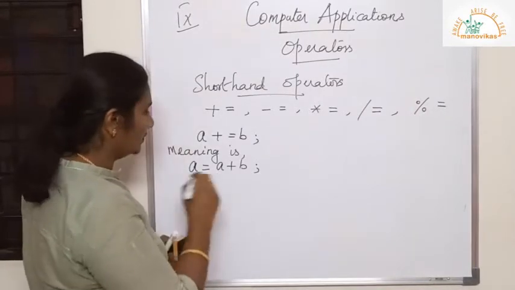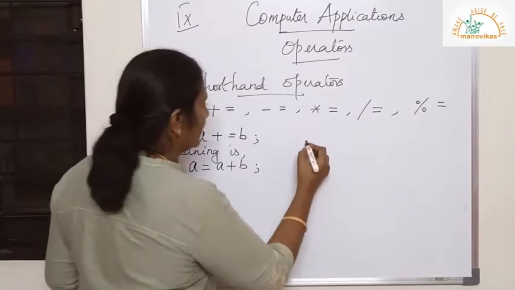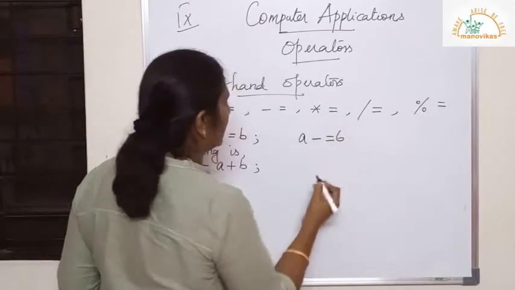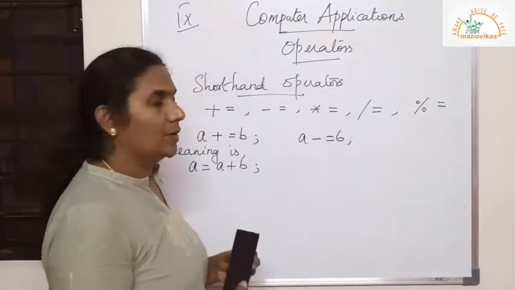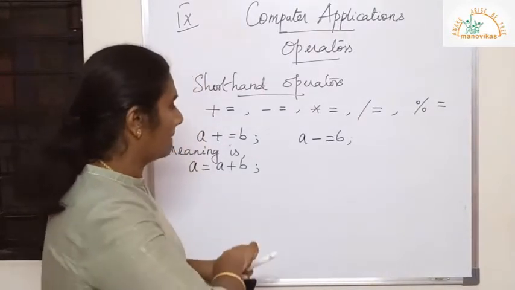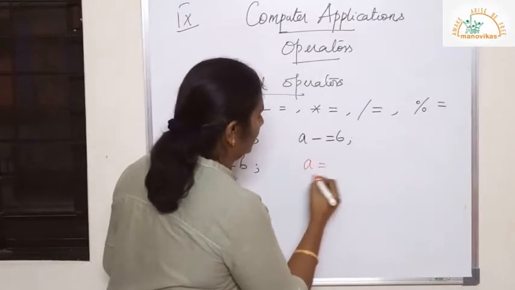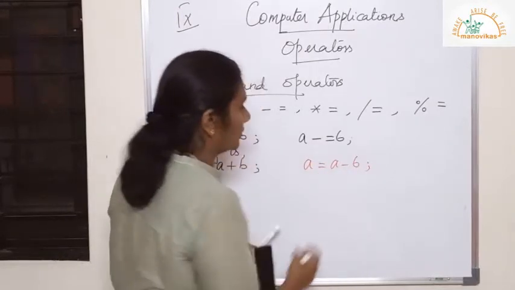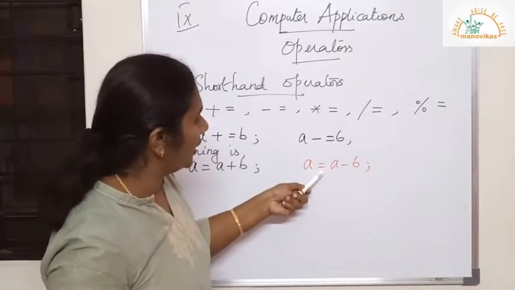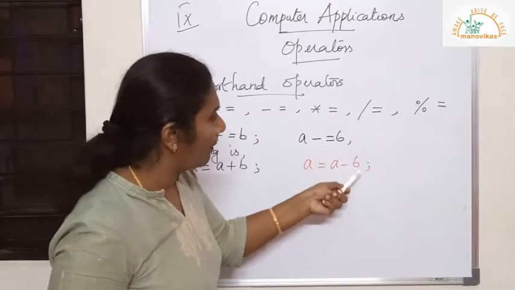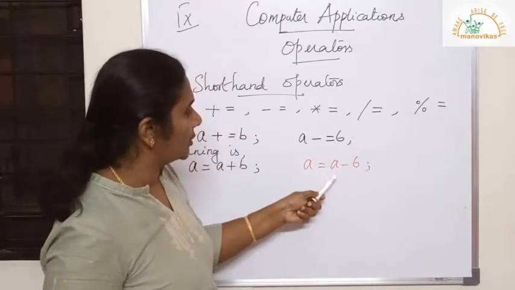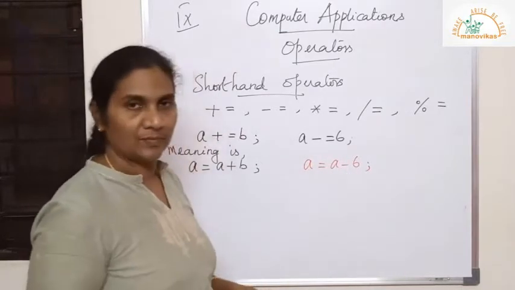Okay. Now, if you write A minus equal to 6, what does this mean? The new value of A is equal to the old value of A minus 6.